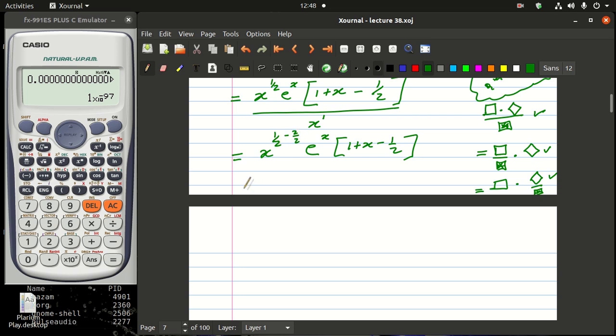Is the one that is in the denominator. And then you can see that I have x raised to 1 minus 2, which is going to be minus 1 over 2. 2 is a common denominator. And I'm left with the e to the x. I had 1 minus half here, so I know that this is still going to be x minus... no. This one was 1 over 2 minus 1, right?